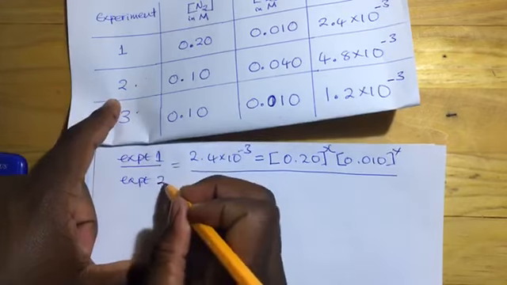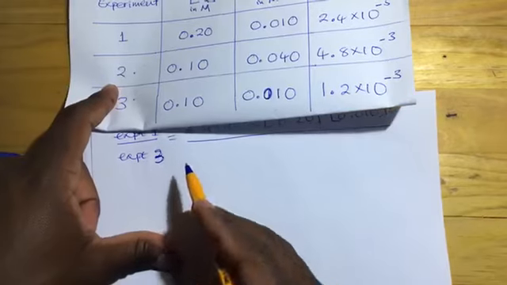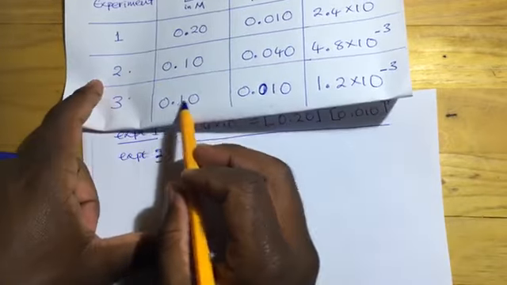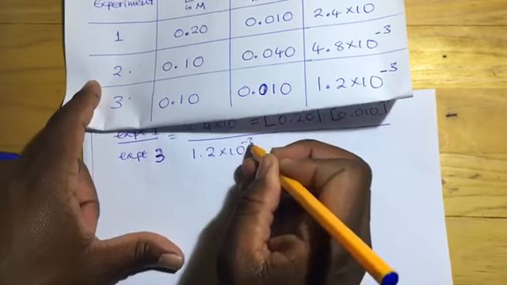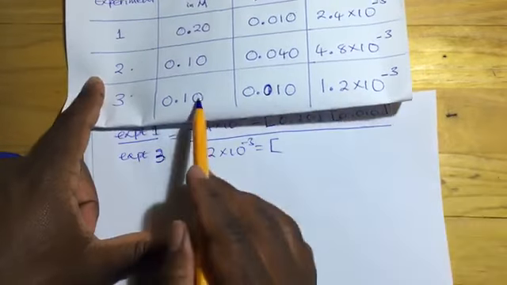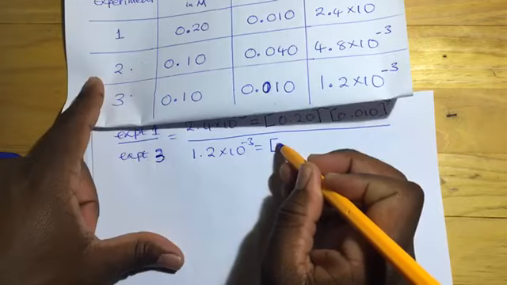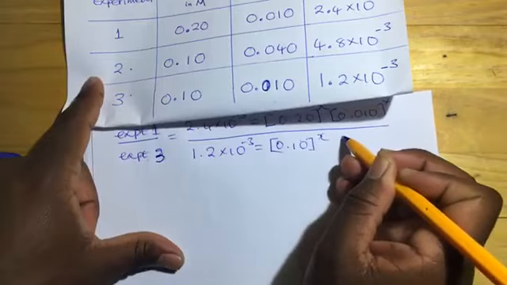Oh, 1 and 3, yes. 1 divided by 3, thank you. So the rate for experiment 3 is 1.2 times 10 to the power negative 3 is equal to, open brackets, concentration of nitrogen is going to be 0.10, everything to the power x.